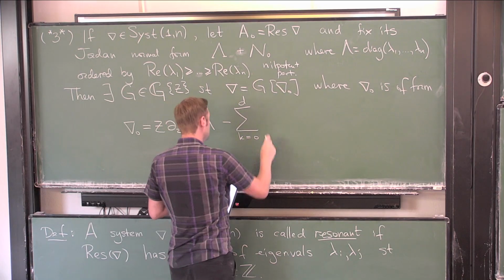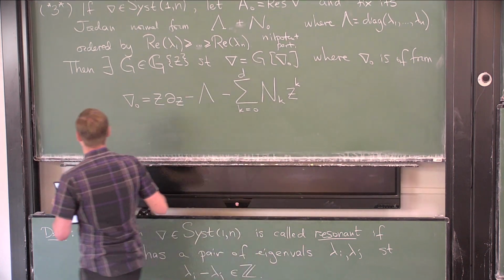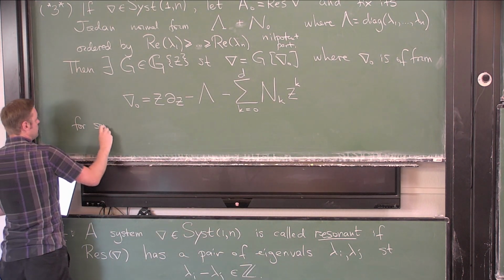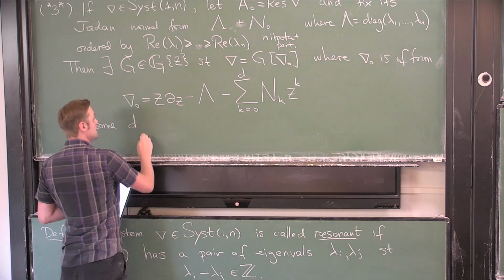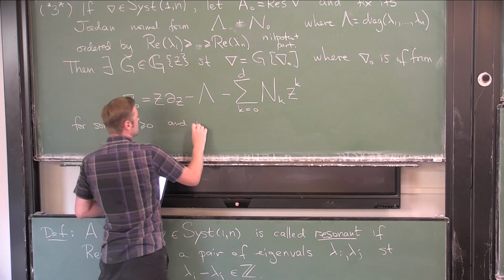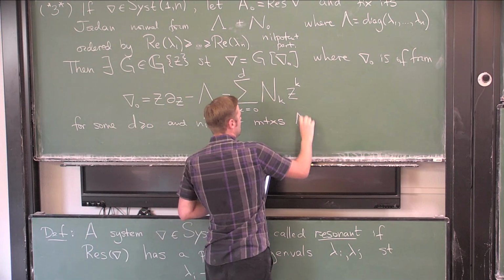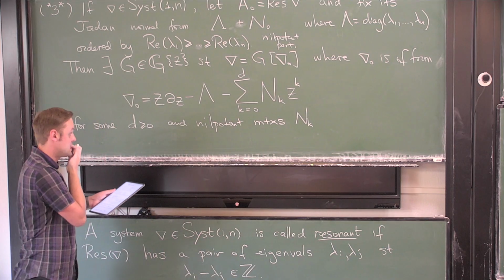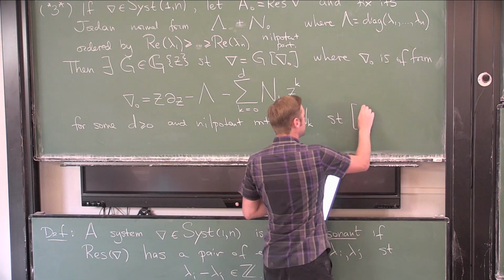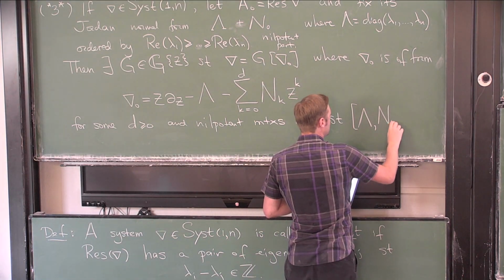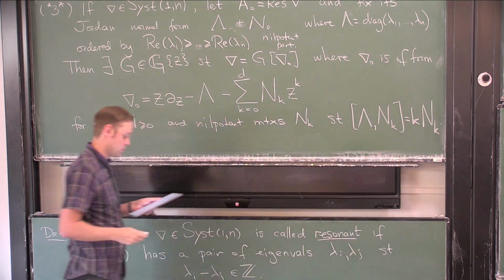So it's like this. Some power d, and N_k, z to the k, for some integer d, and d nilpotent matrices N_k, satisfying an algebraic relation, which is that the commutator with this diagonal matrix lambda produces k times the nilpotent matrix.